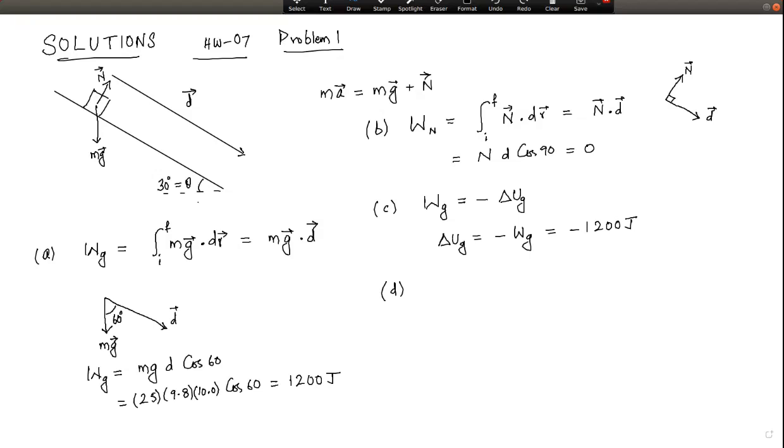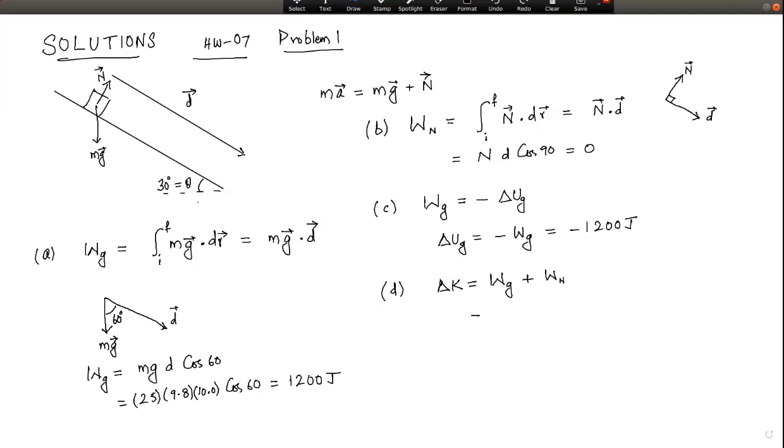Part D, determine the change in the kinetic energy of the mass. The change in the kinetic energy is equal to the work done by all the forces acting on the mass. The two forces acting on the mass are the gravitational force, which contributes to the work done by gravity, plus the normal force, which contributes to work done by the normal force.